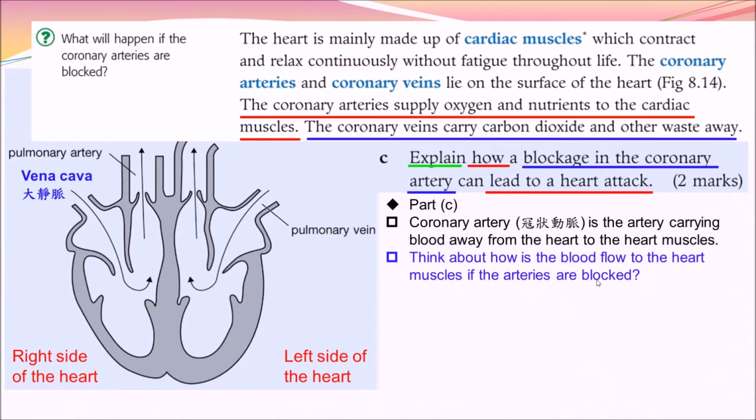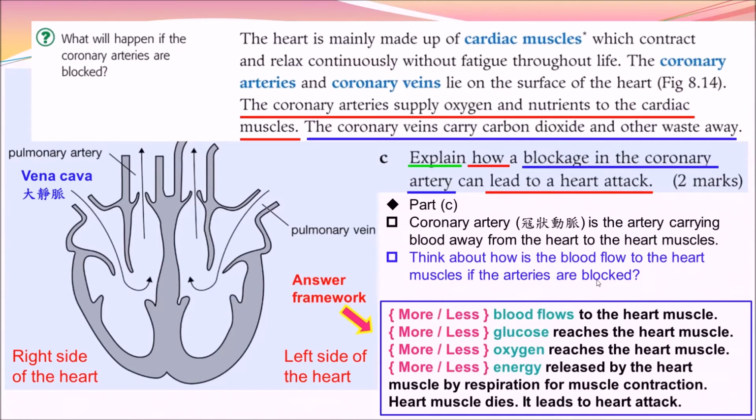So I give you the answer framework. You just pick the correct word for me, and that will be fine. For 2 marks, how many do you need to answer? First of all, if the coronary artery is blocked, more or less blood flows to the heart muscle. Pick the more or less, and then more or less glucose reaches the heart muscle.